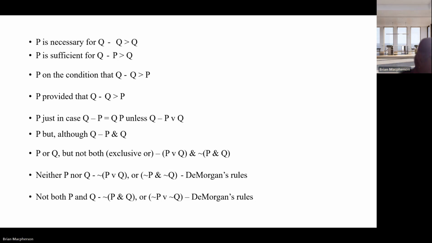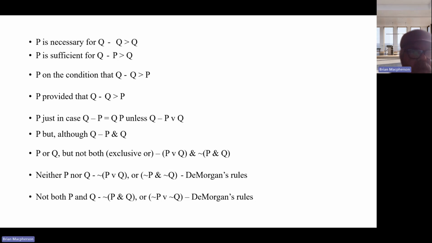P is sufficient for Q: P then Q. P on the condition that Q, Q then P. P provided that Q, Q then P. P just in case Q is just P if and only if Q.